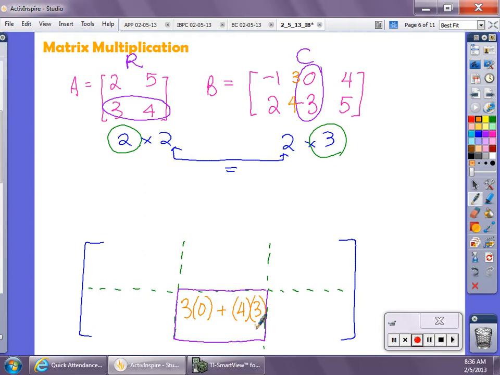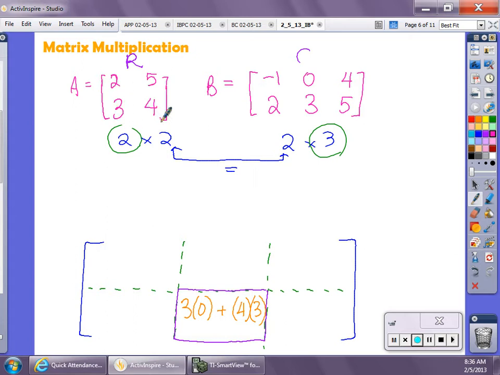So the ones that are next to each other get multiplied, and then you add. I'm going to erase that here. I'm going to put back the 0, 3. And then same thing here, I'm going to put back. So with that, you should be able to fill out all of them.